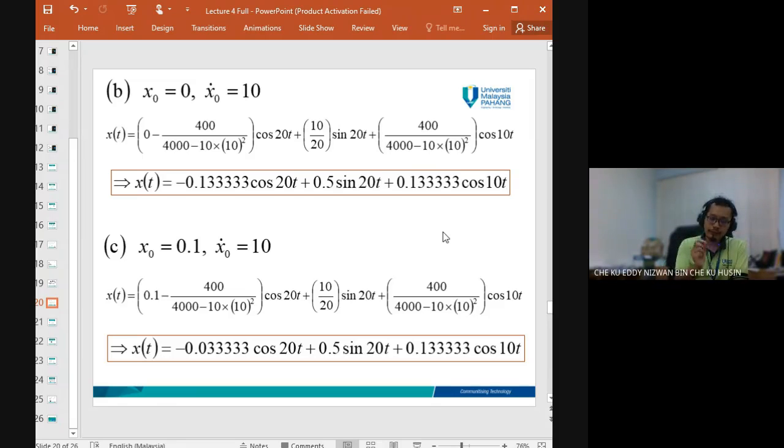If the question just states that you have to find the vibration response, so vibration response is equal to x, and inside the question the initial conditions are given, you have to consider the total response. If the question does not give any information about initial conditions, then just consider the particular solution.